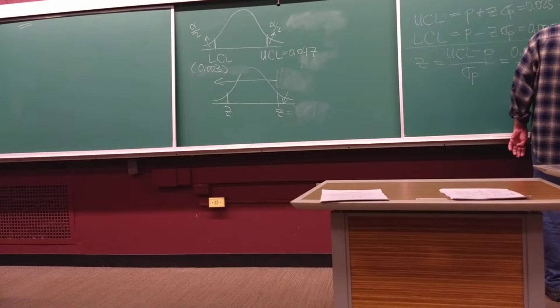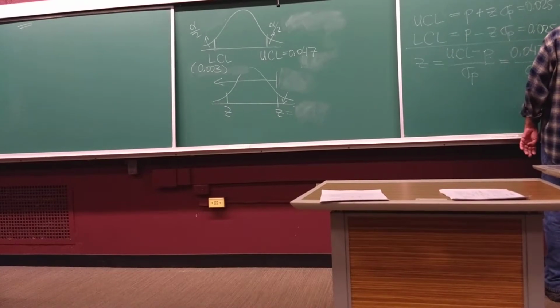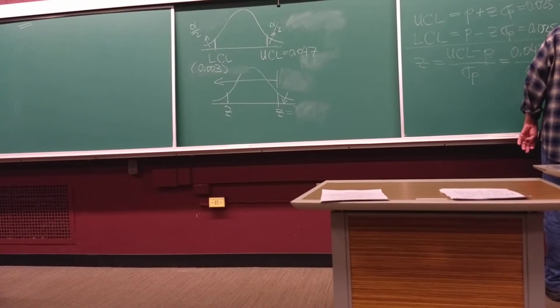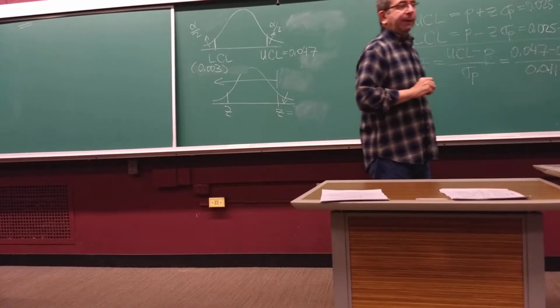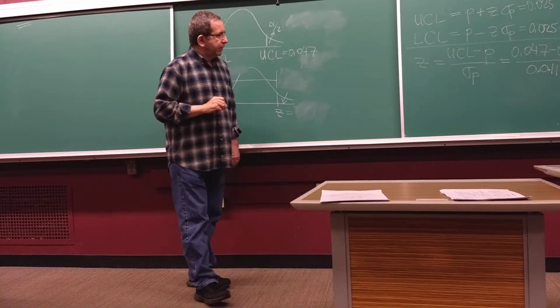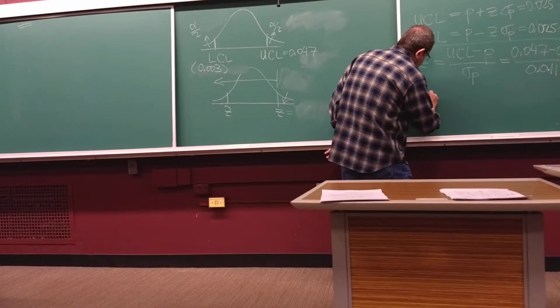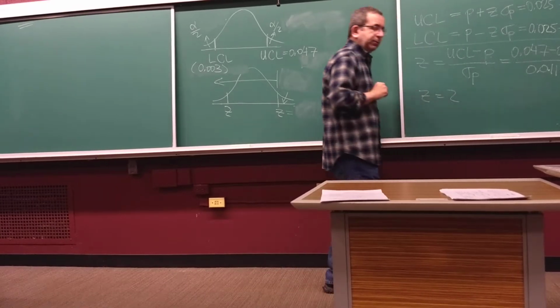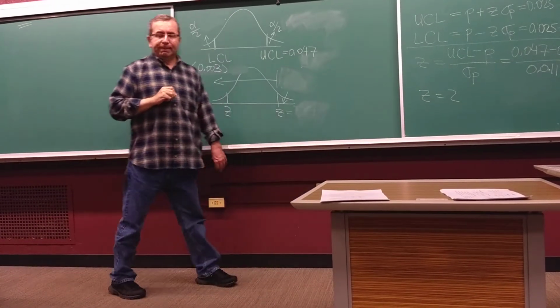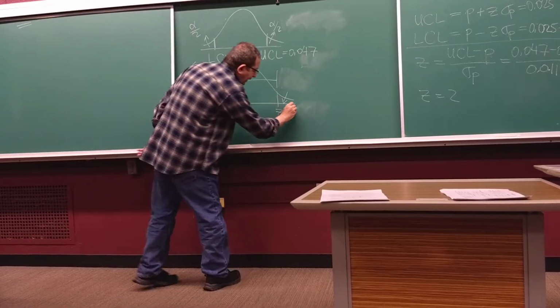So the numerator is then 0.022. The denominator is 0.011. So then the z-value must be 2. The z-value is 2.